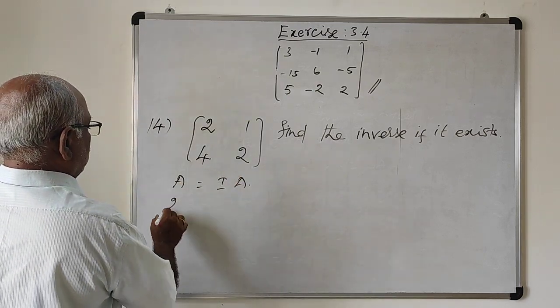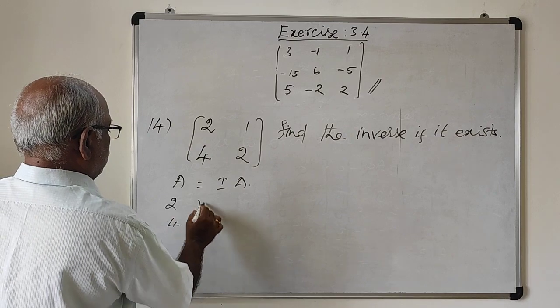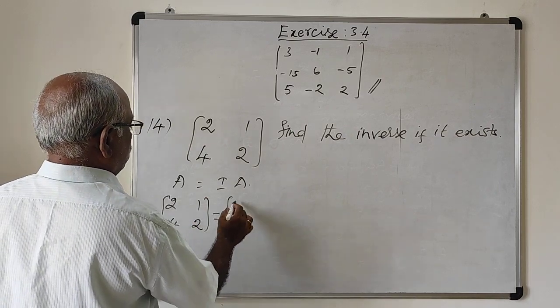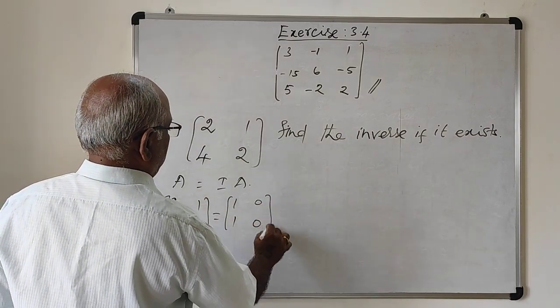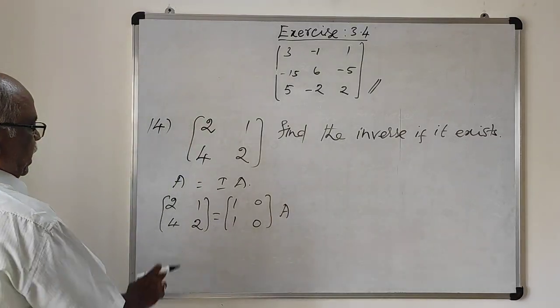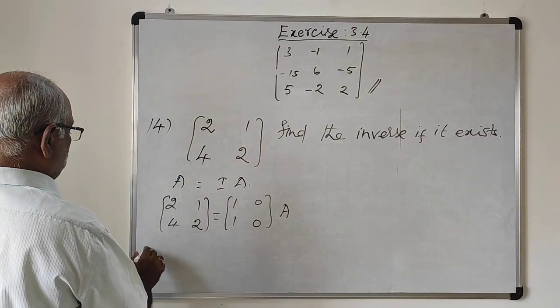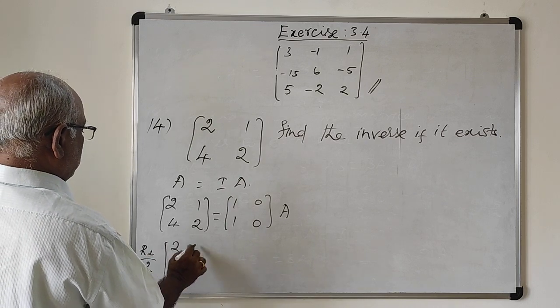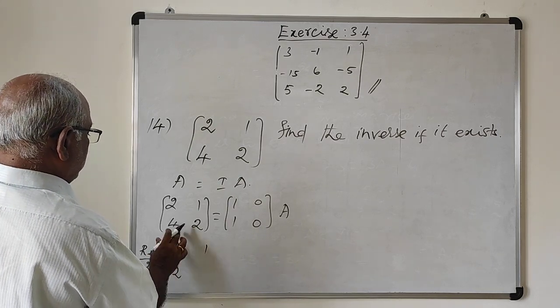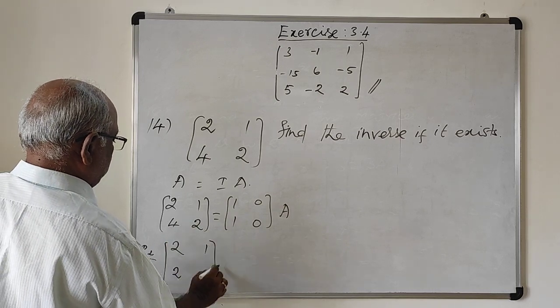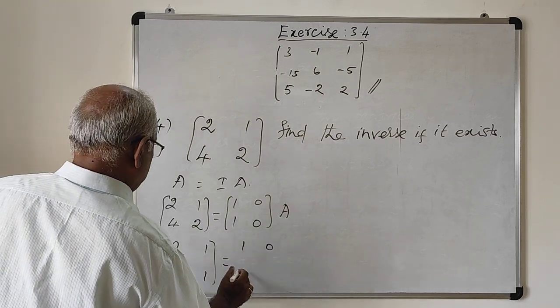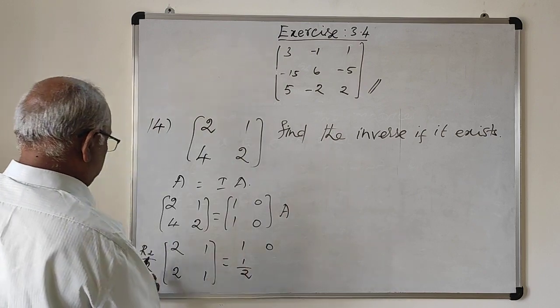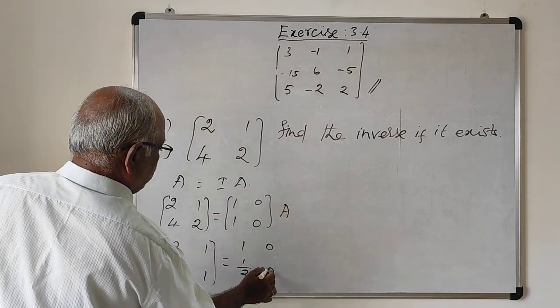A is 2, 1, 4, 2 equal to I, the 2 by 2 matrix 1, 0, 0, 1, into A. Divide all by 2. What do you get? 2, 1, 4 by 2 is 2, 2 by 2 is 1, equal to 1, 0. Similar operation, divided by 2, the second row.